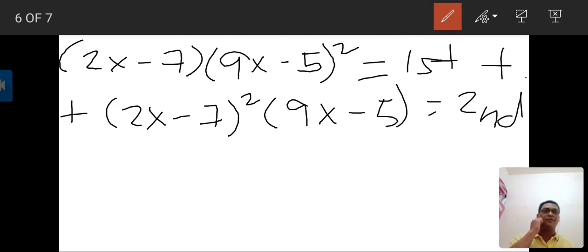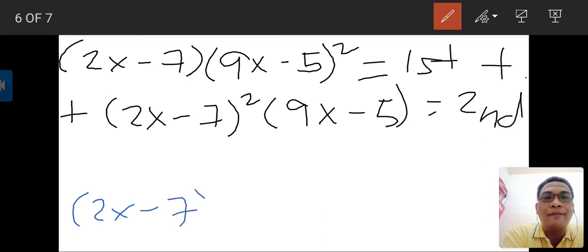Okay, second term. So let us try to find out what would be the GCF. What is common? We have 2x minus 7 on the first term, and we have also 2x minus 7 on the second term. So common is 2x minus 7. And we have 9x minus 5 on the first term, and we have another 9x minus 5 on the second term.